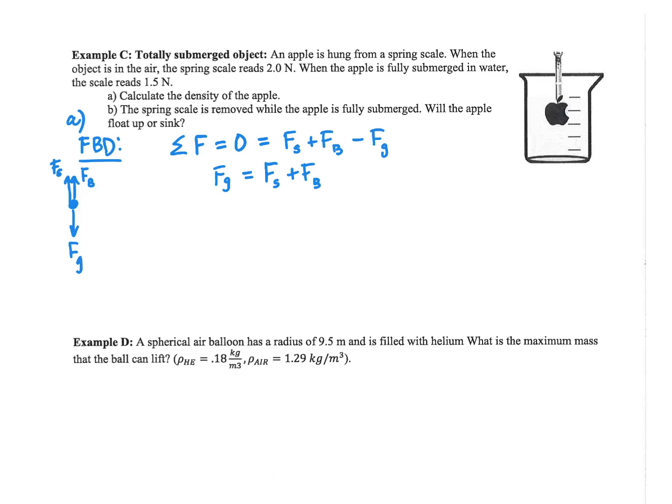All right, so let's start plugging some stuff in. Force of gravity. How are we going to write force of gravity? mg, but we don't know m. What are we trying to find? It'd be density times volume. Density times the volume, right?